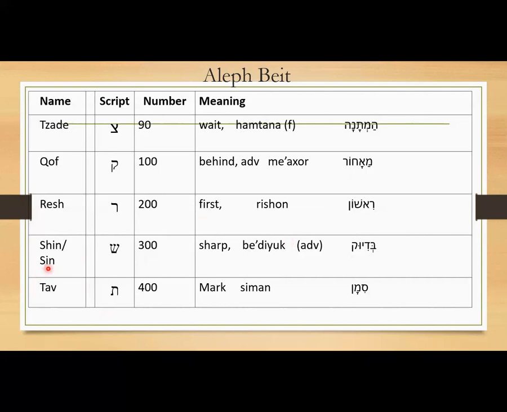Okay. Then shin or sin, it's this letter with either the dot on the right or the left. Its value is 300. And I'm going to use the word sharp. It's an adverb. Bidiyuk. You hear the K, but you don't really hear the K. Be, di, u, bidiyuk.